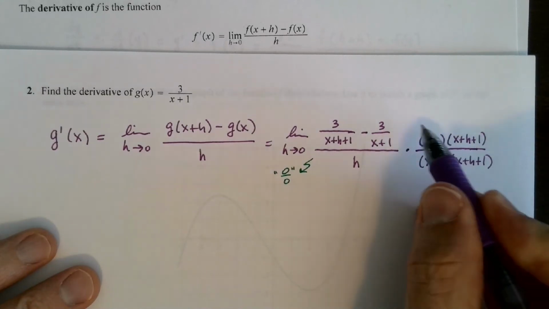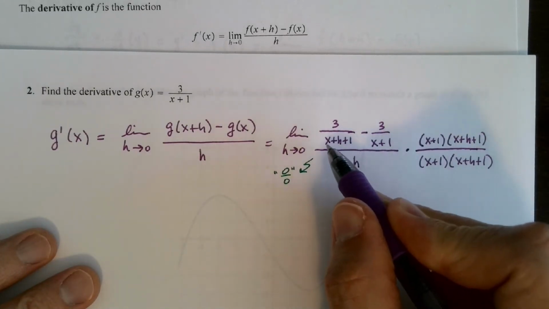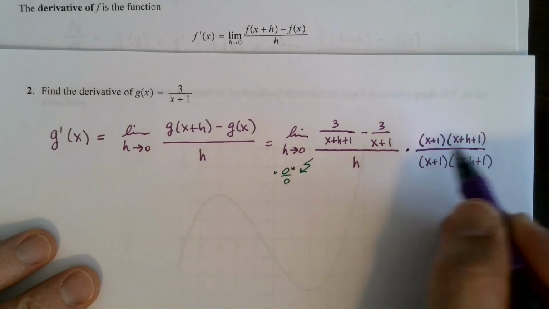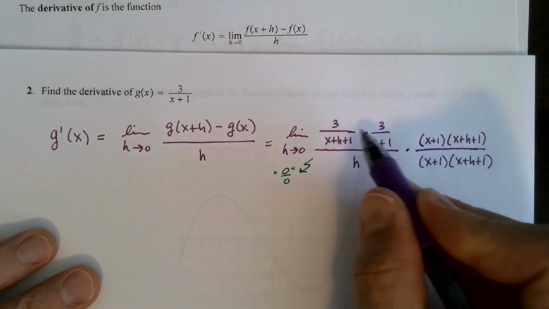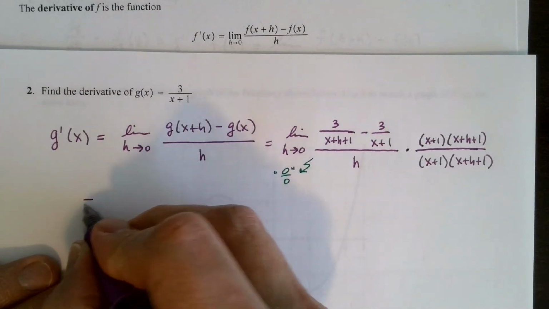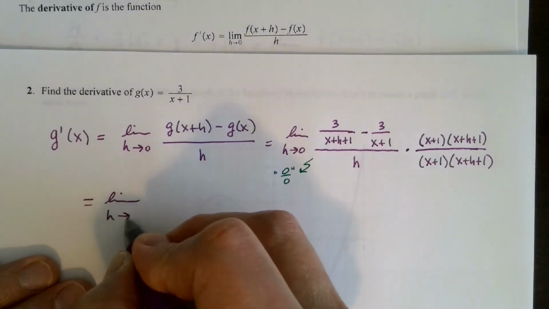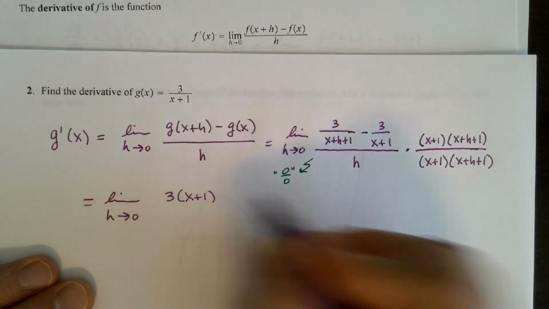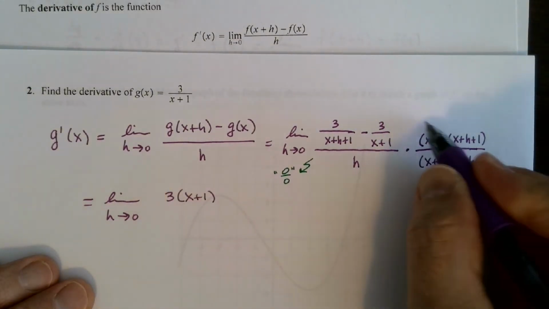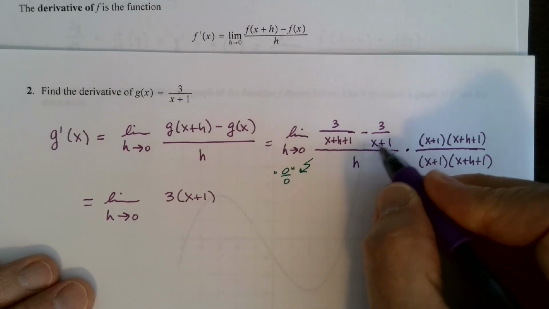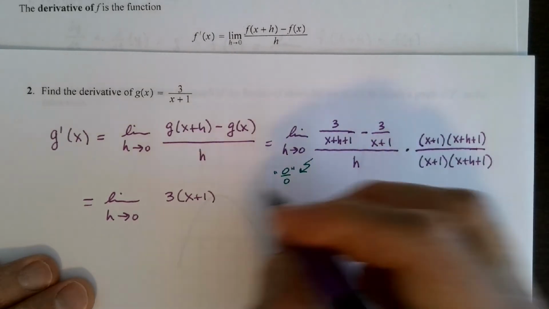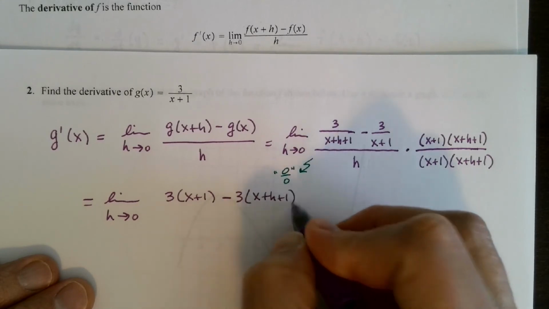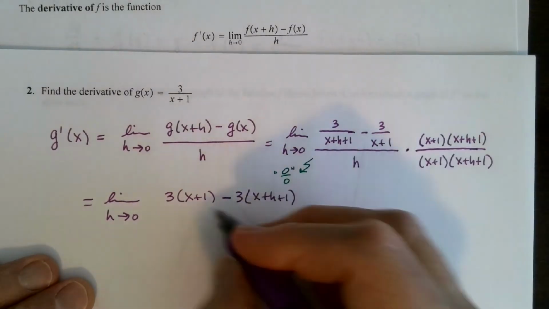Now here, when I distribute across the top, first of all, x plus h plus 1 down here will cancel with this x plus h plus 1, leaving the x plus 1 times the 3. And so up top, the first thing we're going to get is 3 times x plus 1. Then what? Distributing times this fraction, the x plus 1's cancel, and I have minus 3 times x plus h plus 1. Again, that clears out the fractions up top.